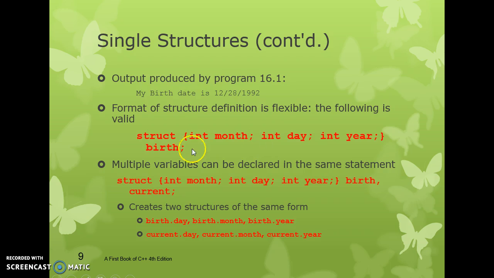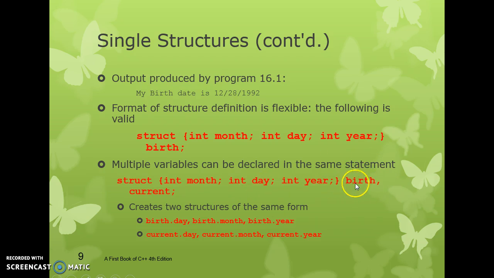In a single line: struct, integer month, integer day, semicolon, integer year, semicolon. You have to remember that you need a semicolon after each member of the structure. And of course, you put a name towards the end, which is birth, and again you end with a semicolon. You can also declare multiple variables in the same statement. For example, you have 2 structures.